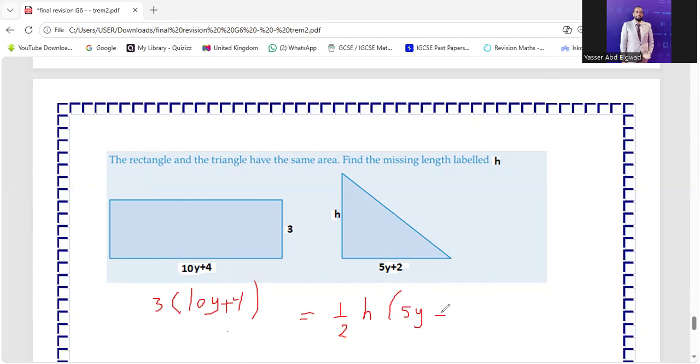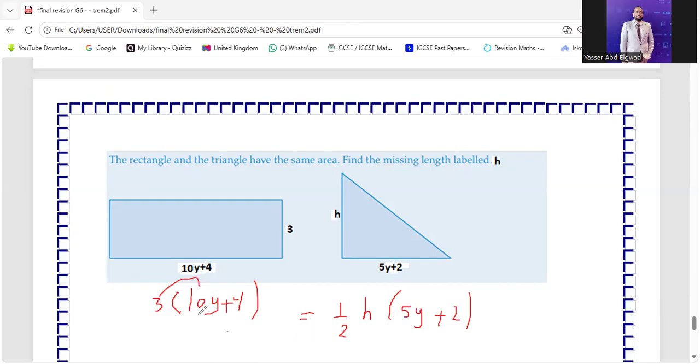Here, we can compare the two sides to get the value. 3 multiplied by 10, and 3 multiplied by 4.